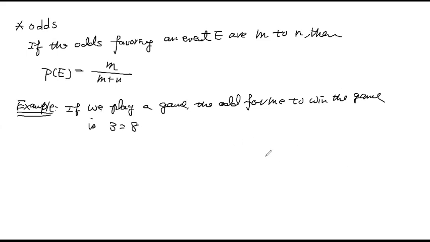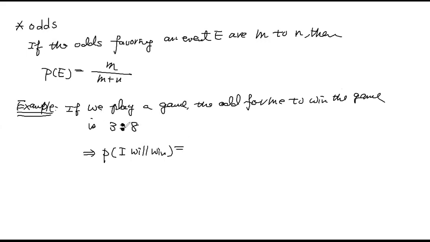Okay, 3 to 5. So what is the probability I will win the game? That means the odds here are 3 over 5. So it's 3 to 5.